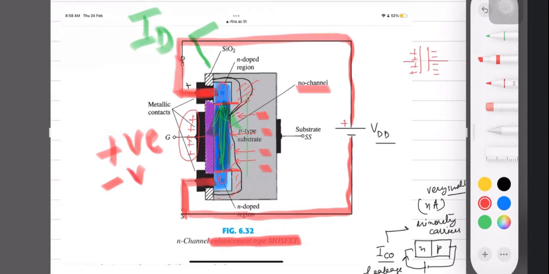And if I'm applying the negative potential here, तो क्या होगा? तो ये सब रिपेल हो जाएगा.